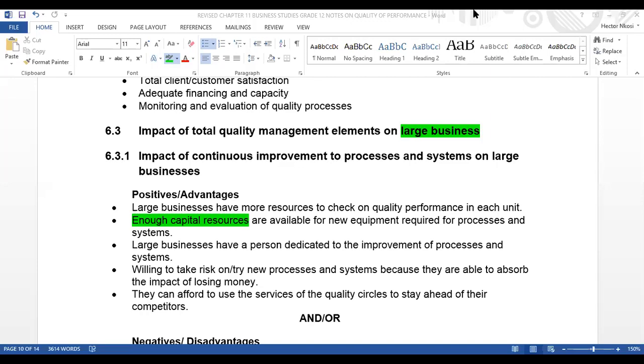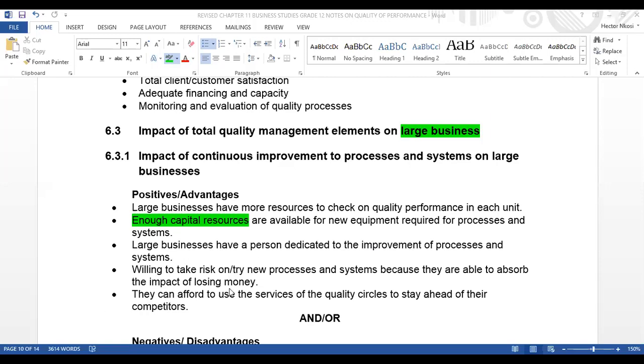The large businesses also, guys, have a person dedicated to the improvement of processes and systems, right? That's also an important point.